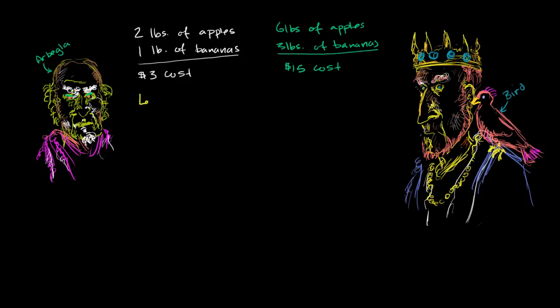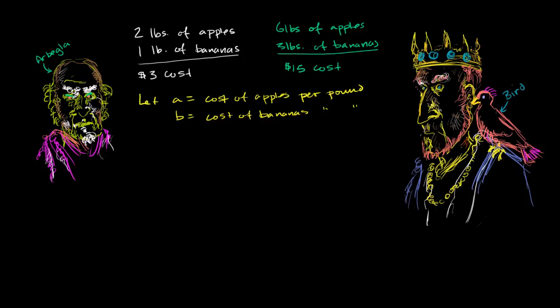Let's let A equal the cost of apples per pound, and let's let B equal the cost of bananas per pound.